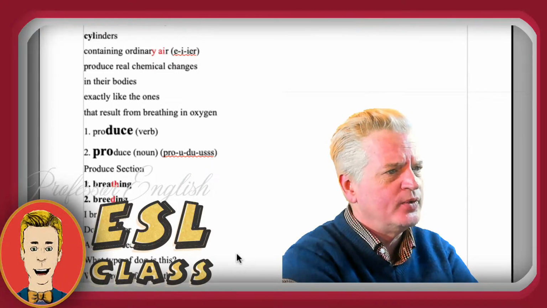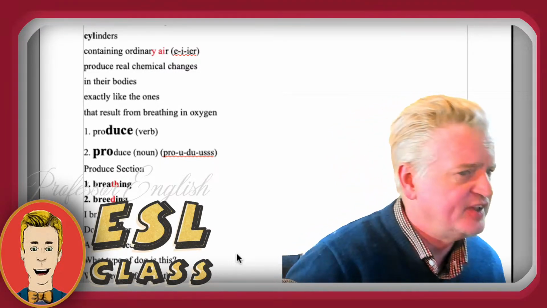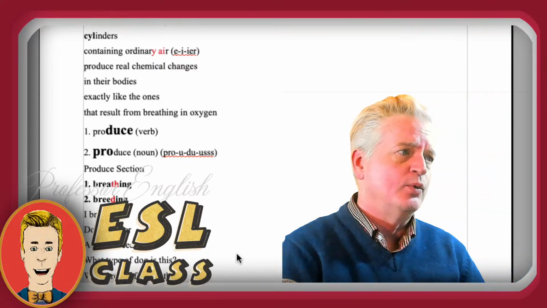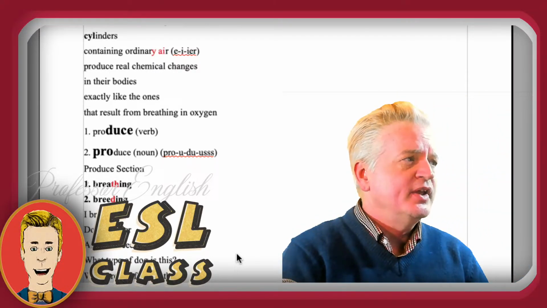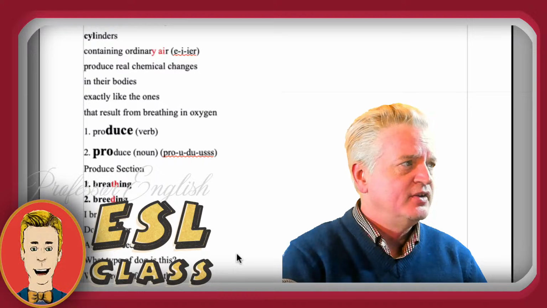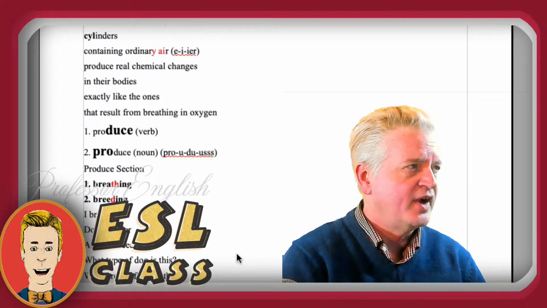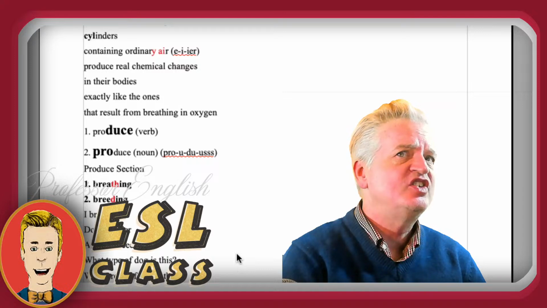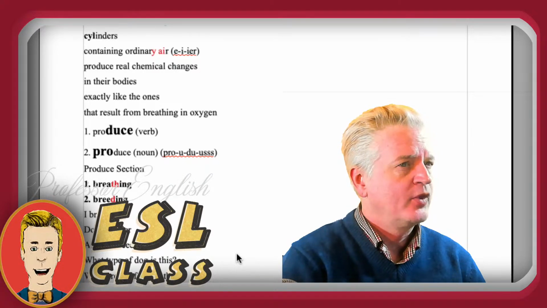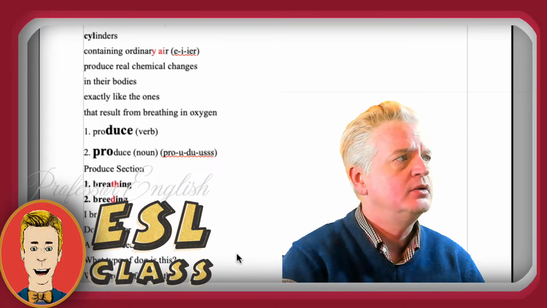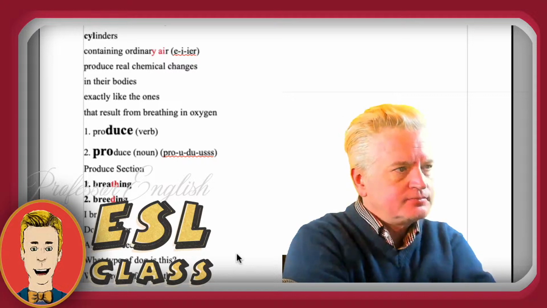If you try to go through these words quickly, real, people won't understand you, especially in the middle of a sentence. People will not understand that word. It's really important to try to pronounce as closely as possible the real vowel sound. Produce real. Produce real. Chemical.